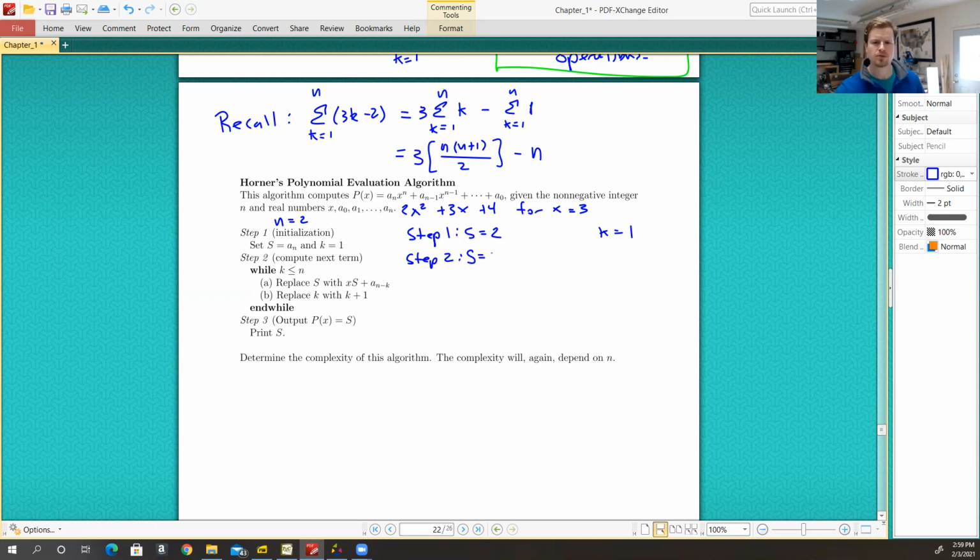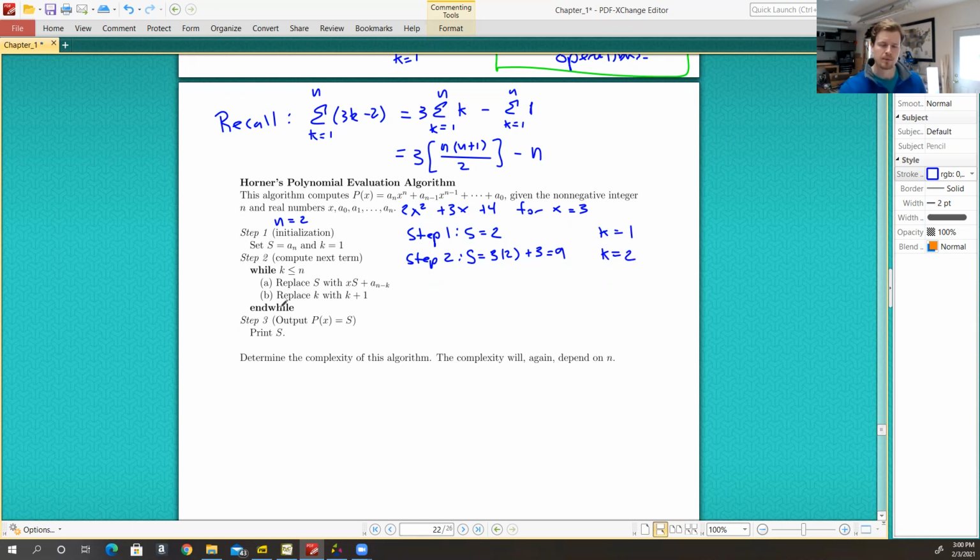So we're going to do 3 times 2, so 3 times s, plus the next coefficient. So 3 times 2 plus 3. And that is equal to, so 3 times 2 is 6, 6 plus 3 is 9. And we increase the value of k to 2.